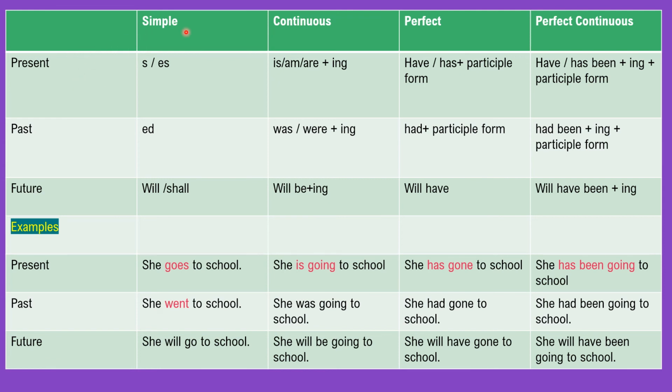So you can know that in simple present, s and es are added as a suffix after the verb. If it is present continuous, I have to use is, am, are plus ing, etc. So go through all these and paste them either on your study table or on your cupboard, wherever you can see them regularly. The more you see, the more you would grasp it.